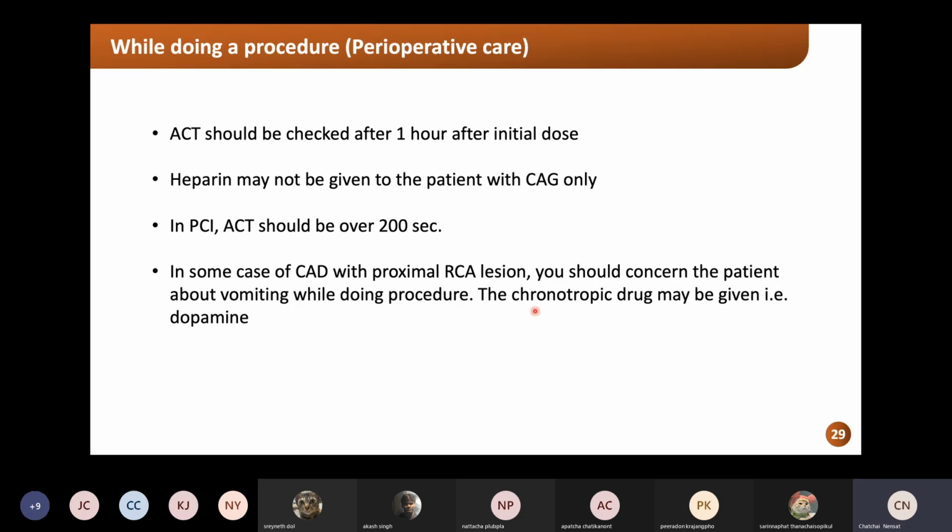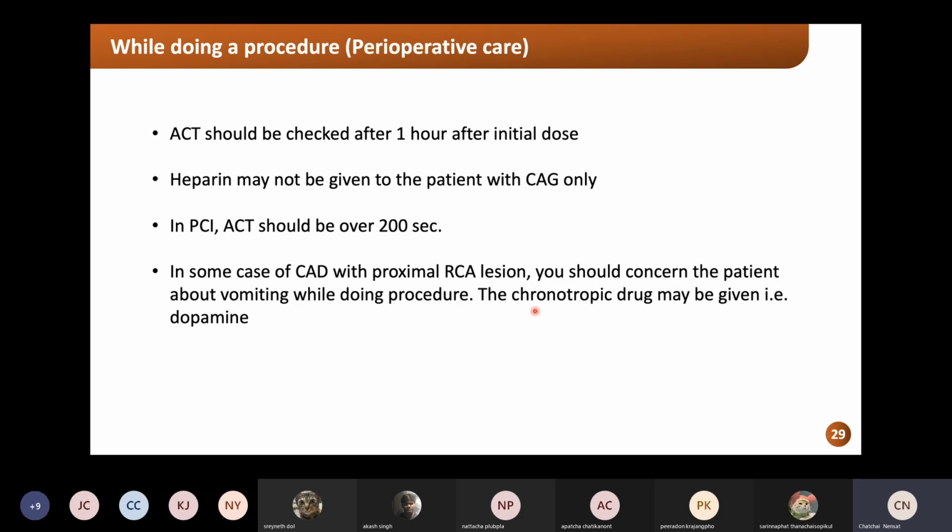It's just a short duration; a CAG may take about 15 to 20 minutes. So the procedural time is really short, so heparin might not be considered in that case.